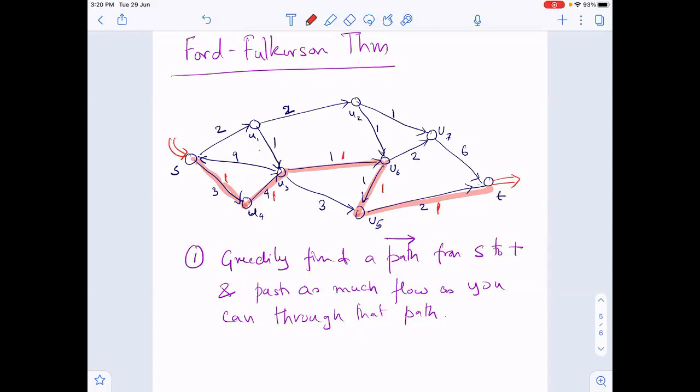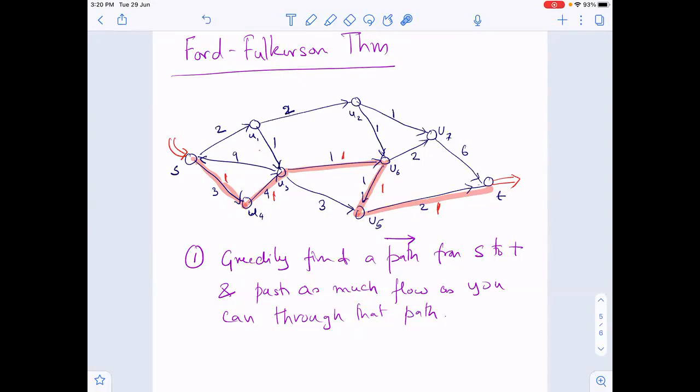But think of it this way, okay? From this path, 1 unit of flow is coming, so at this point there is 1 unit coming from here to here.